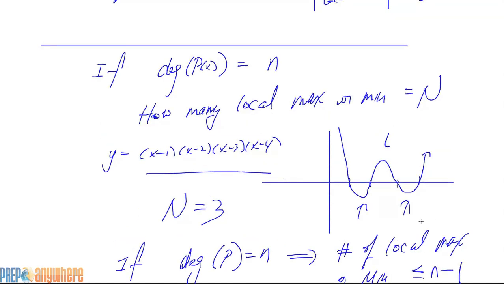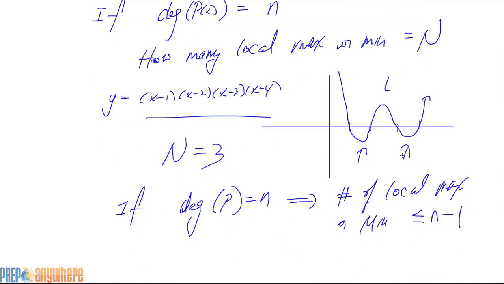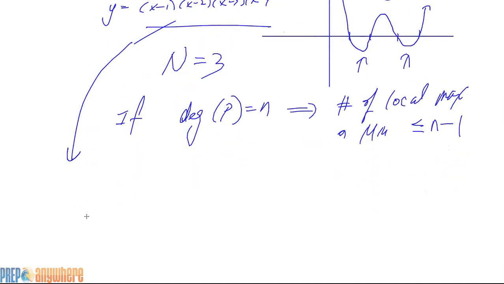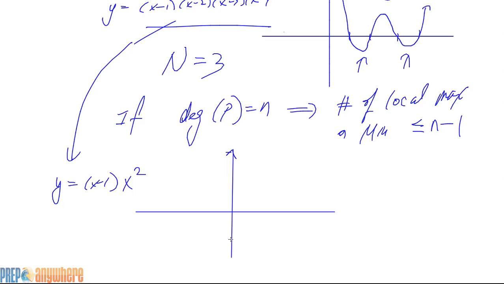So how do we get rid of this local max minimum? How do we shrink the number of local max minimum? Let's say you have x minus 1 and x to the power of 2. This is degree 3 also, right? So let's see what happens. 0, 1.